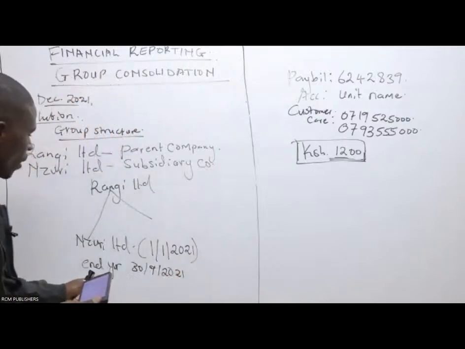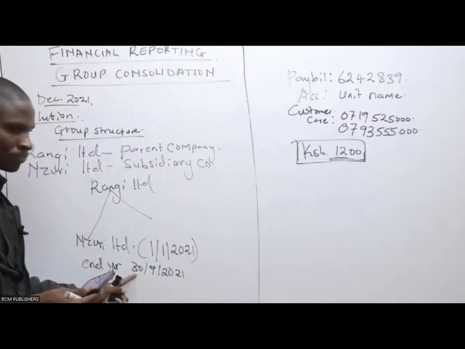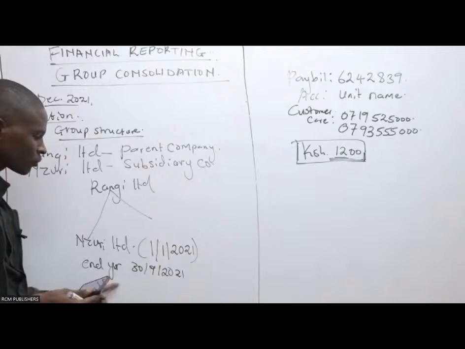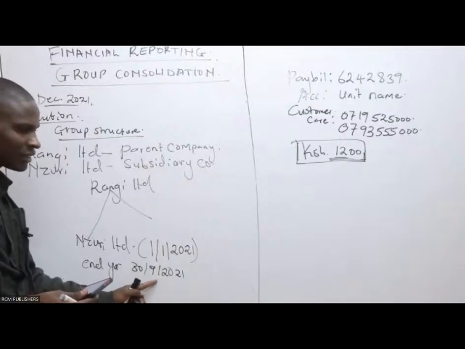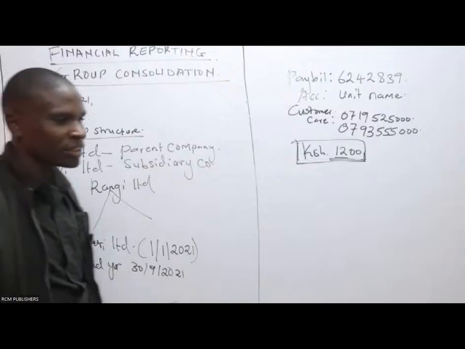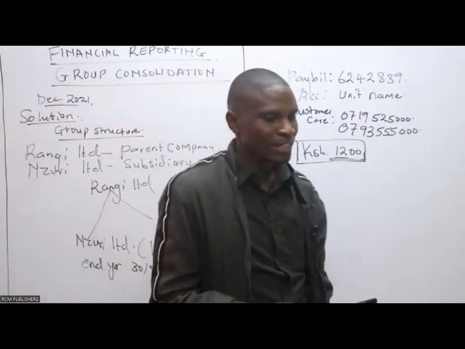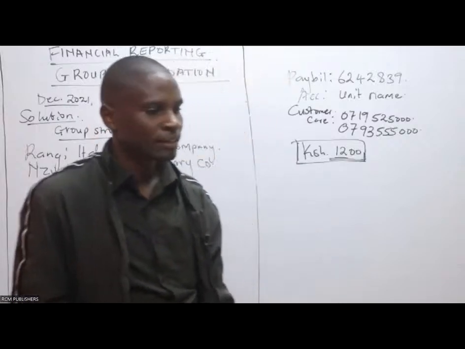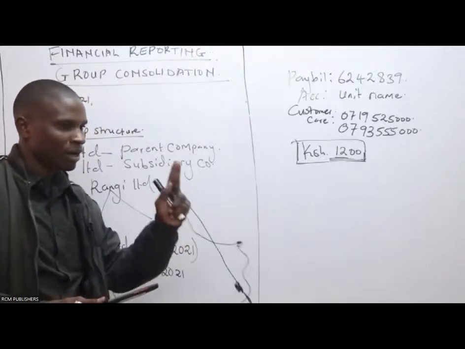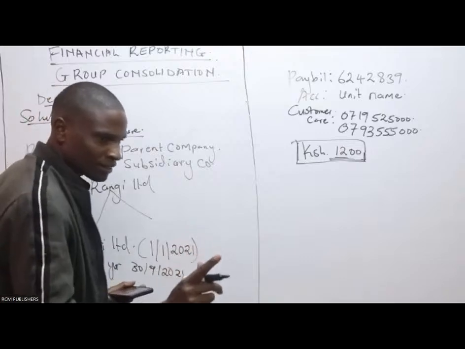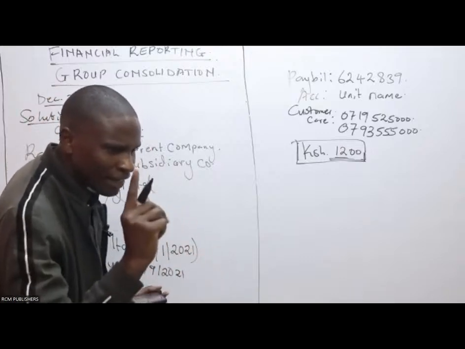Now, when did it start its financial year? When did Langi Limited start its financial year? Remember, the financial year has how many months? 12. It has 12 months. So never struggle. Okay. Oh, Yvonne already.